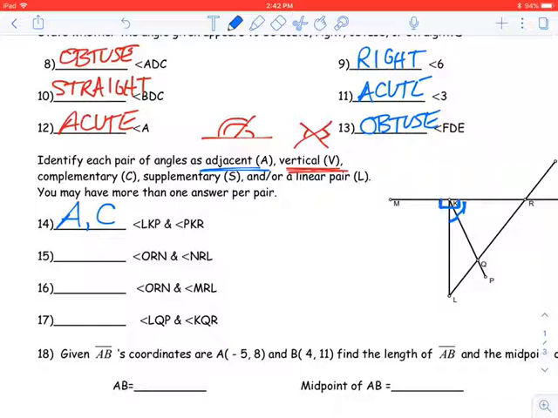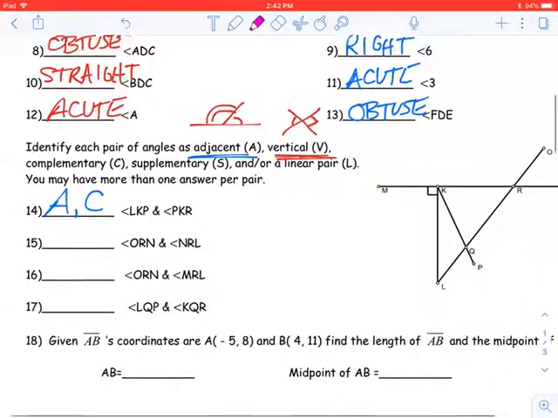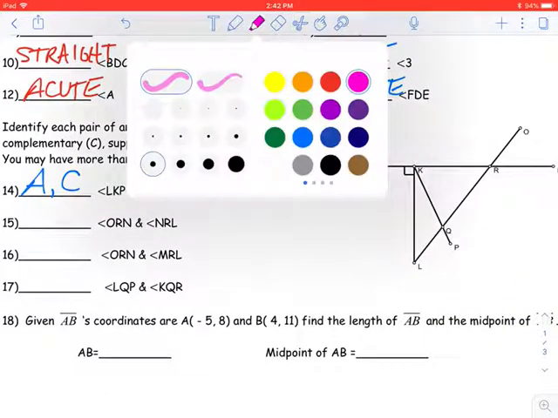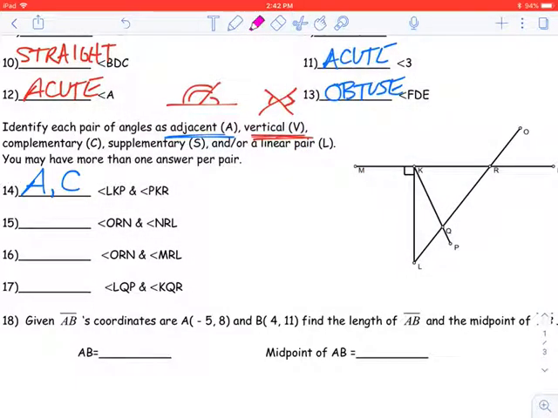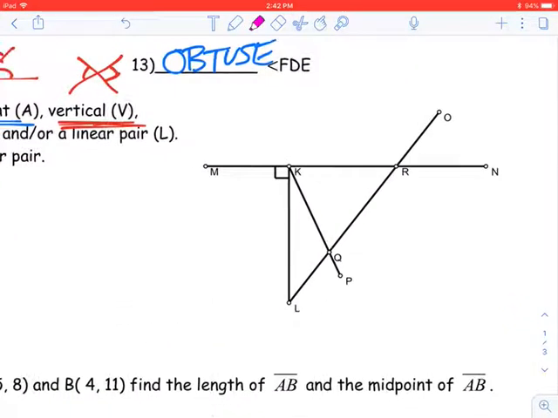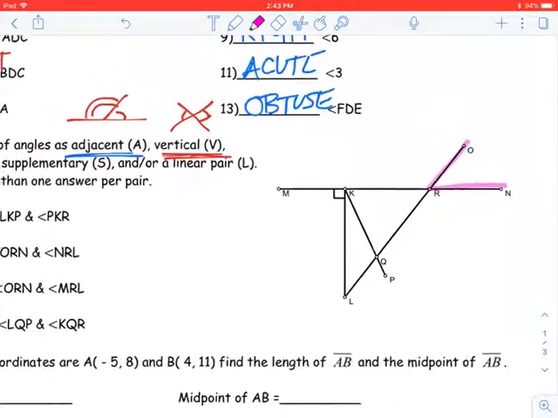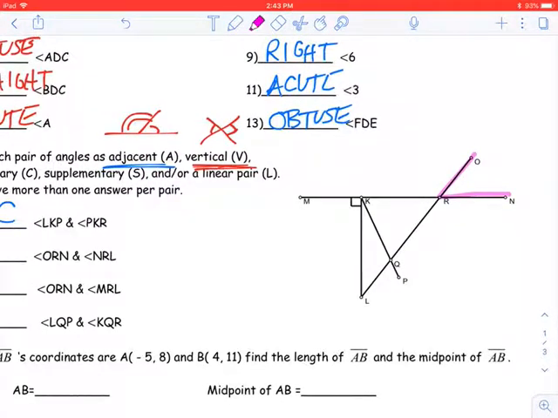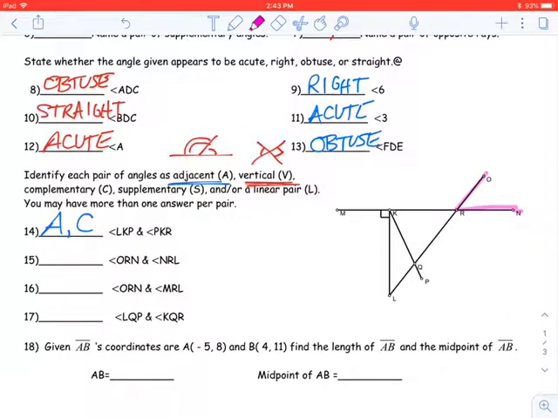Okay, so the next one, ORN. I'm going to make my highlighter a little less intense. Okay, ORN. ORN's right there. And NRL, sorry. NRL.